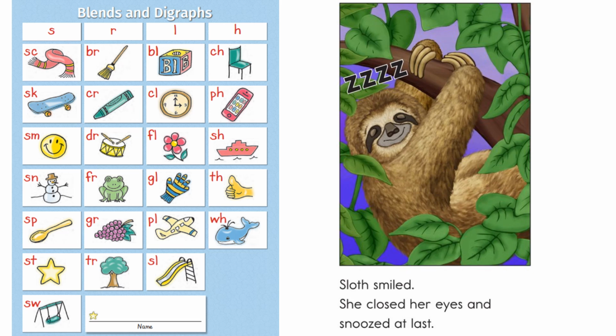Just try to find one and write it on your board or paper. Wow, for a short page, there's so many blends and digraphs here. Sloth, smiled. She closed her eyes and snoozed at last.